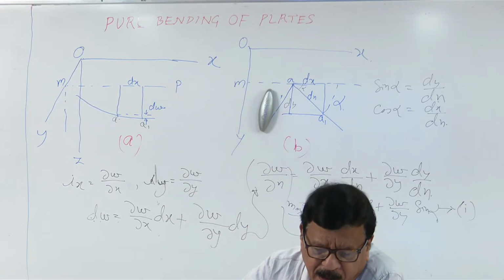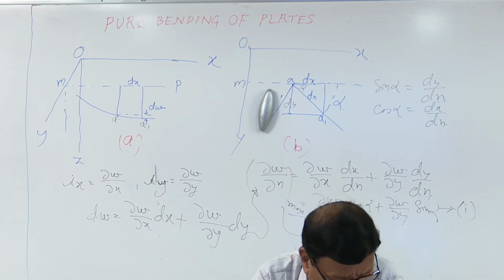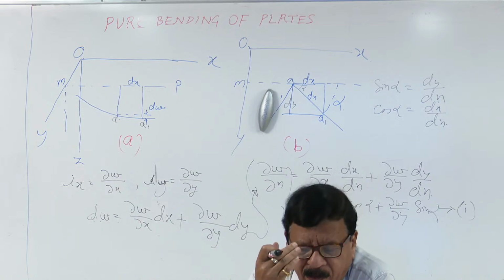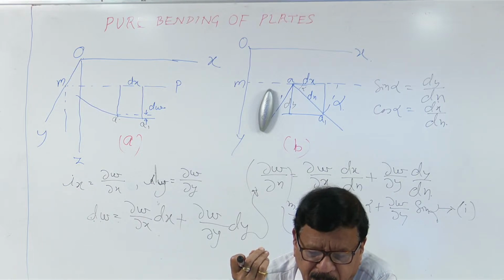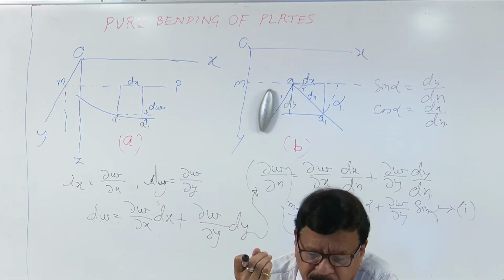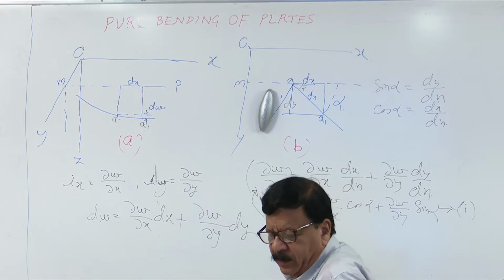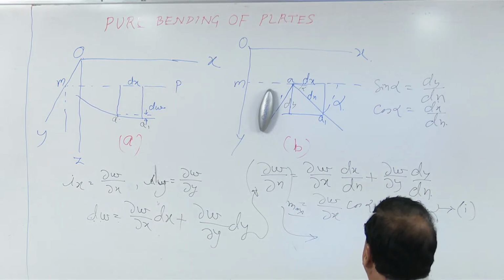To find the direction alpha 1 for which the slope is maximum, for which this equation 1 is equal to 0.